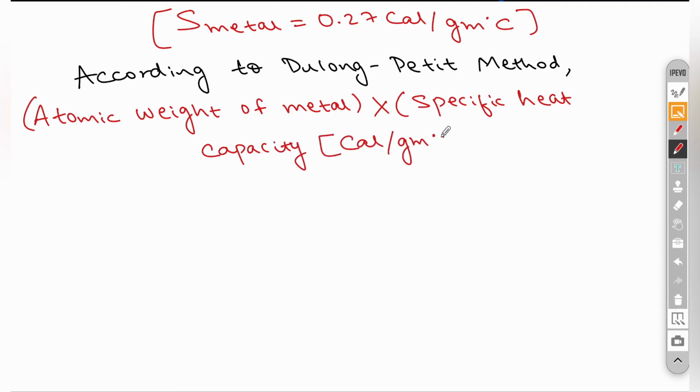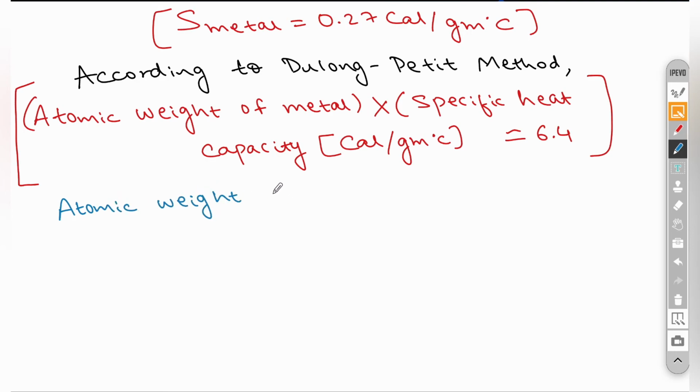Specific heat capacity of metal, basically the product will nearly be equal to 6.4. Now putting the values, we have to find atomic weight of metal multiplied by the specific heat capacity we calculated, which is 0.27, is equal to 6.4.